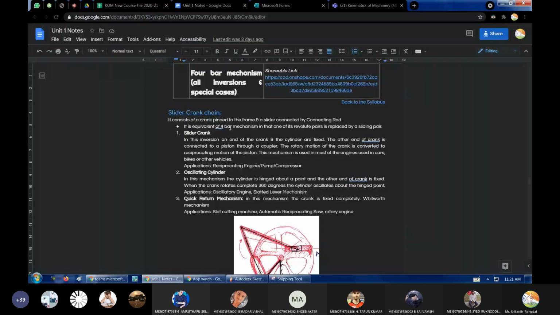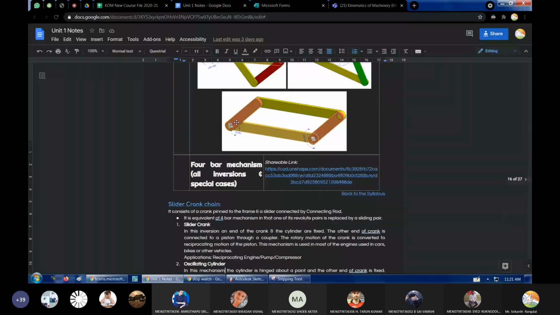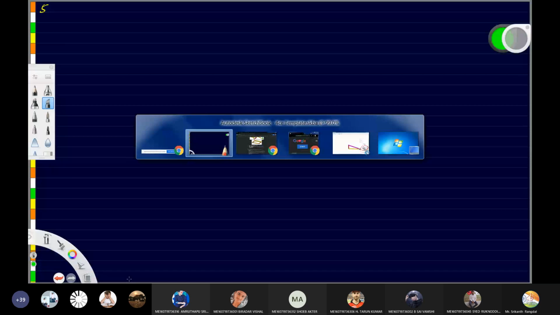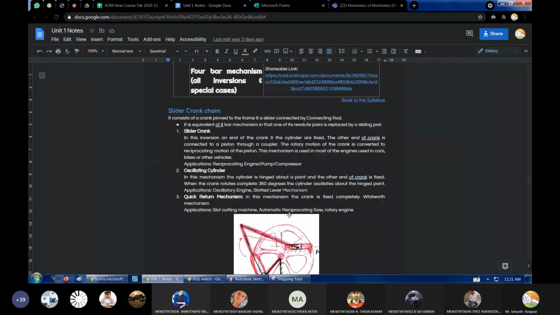I don't have that diagram, so I'll scan it from the textbook and share it later. We will discuss this at the beginning of tomorrow's class, and then go on to the next part.